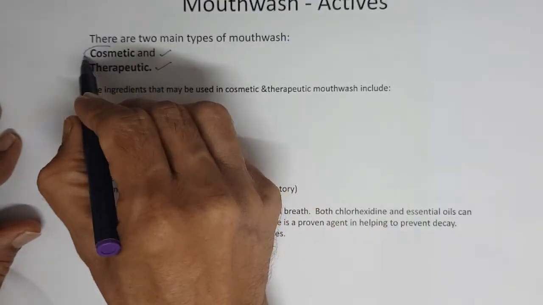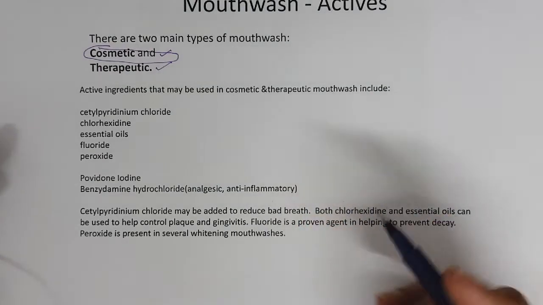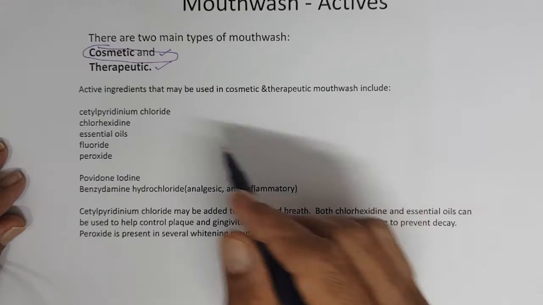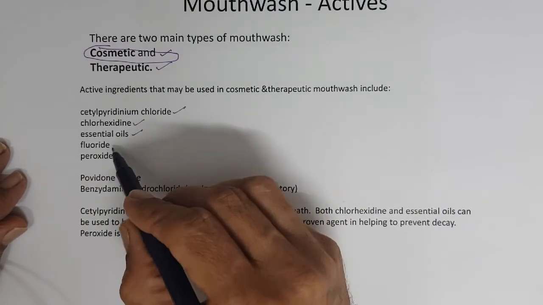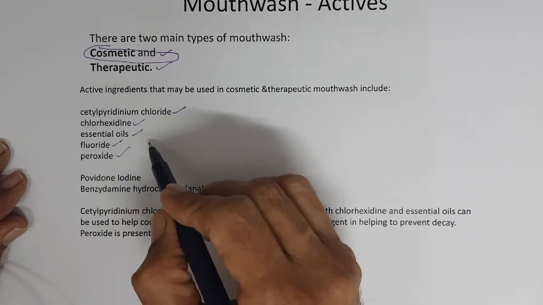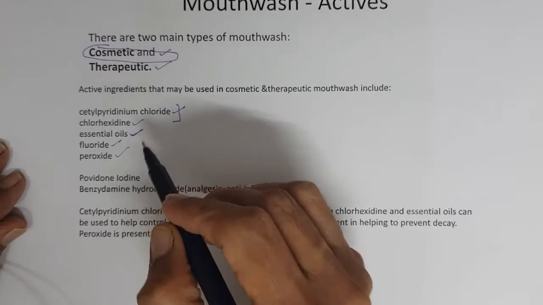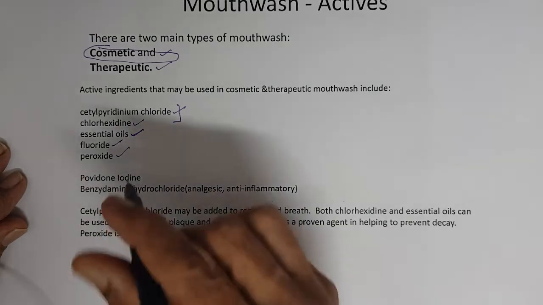We are concerned only with the cosmetic type of mouthwash, but to understand, the common actives that are used are cetyl pyridinium chloride, chlorhexidine, essential oils, fluoride, and peroxides. These first two are antibacterial ingredients. Essential oils have mild antibacterial action and also give a fresh smell to the oral cavity.